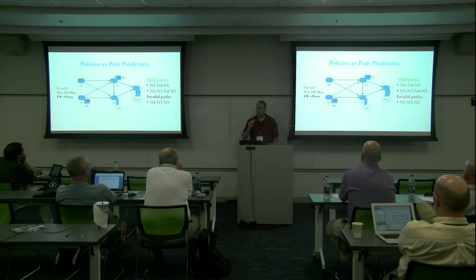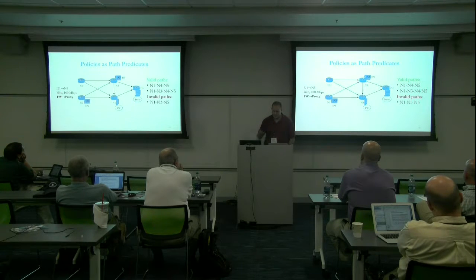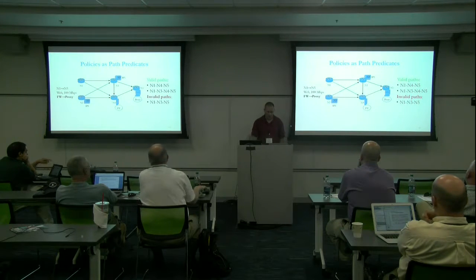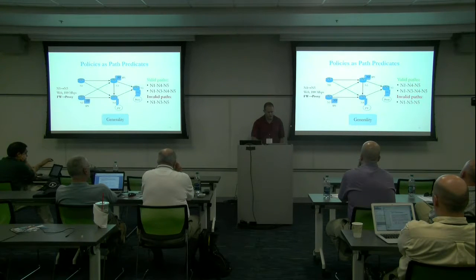The notion of a path policy is very natural for network administrators to write down. So in terms of the interface to the network design, the network engineer, the network application writer, it's a natural way to think about writing down policies. It gives us some generality.